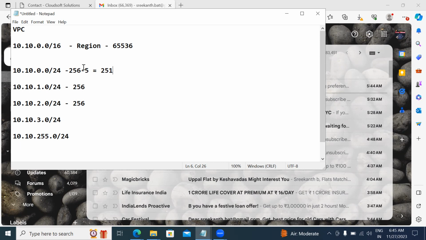For what reason? Those we'll discuss. One is for the router, second is for DNS kind of thing, third is for broadcasting, and fourth is kept for future purpose. So in total 5 IPs have been used: the first 4 IPs and the last IP in the subnet. We'll discuss those IPs.